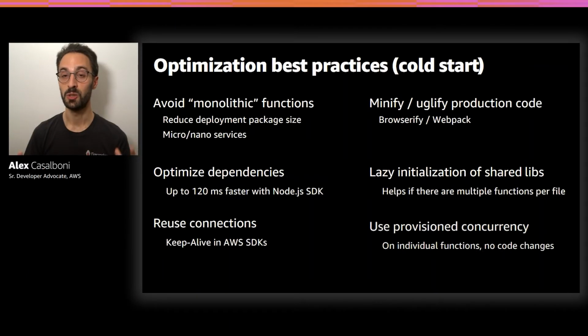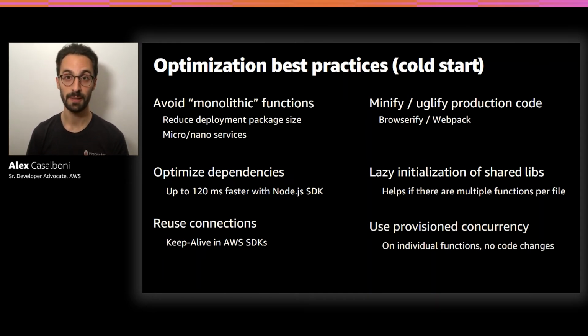Two more things. You can use lazy initialization. If you're like me and you like to have multiple Lambda function handlers in the same file, sometimes you end up with initialization code that is only specific to one of these functions.